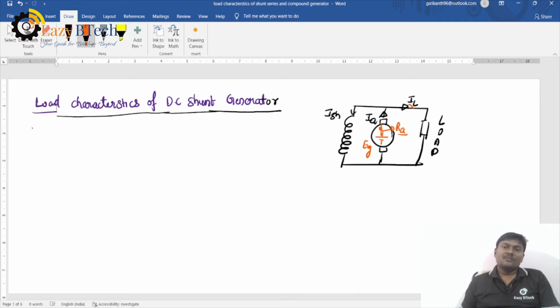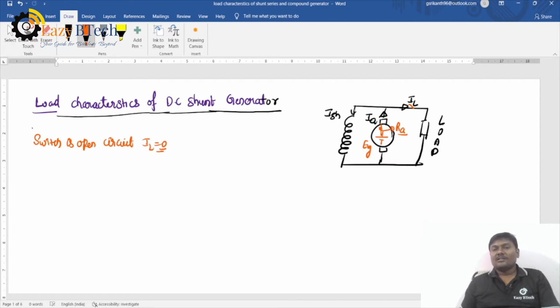Here one switch will be provided. If the switch is under open circuit condition, the load current value is equal to 0.